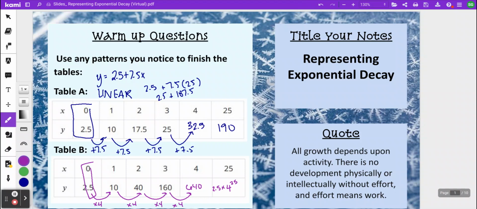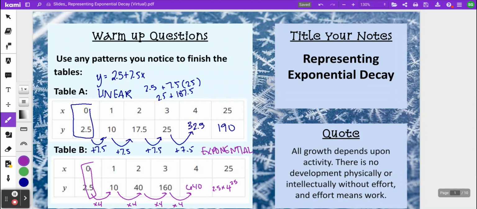But the real goal here is to get that expression again. Notice to get that expression, we need that starting value and also that growth factor, that number that we're multiplying by each time. So the second table here is an example of an exponential function.